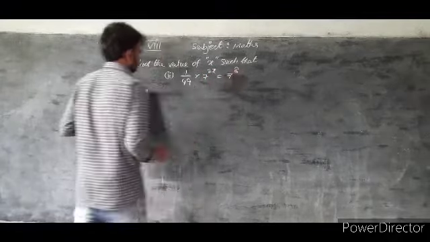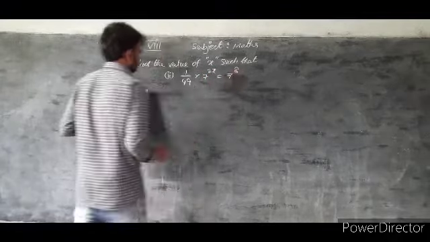So 1 by 49 is written as 1 by 7 square, into 7 power 2x equal to 7 power 8.